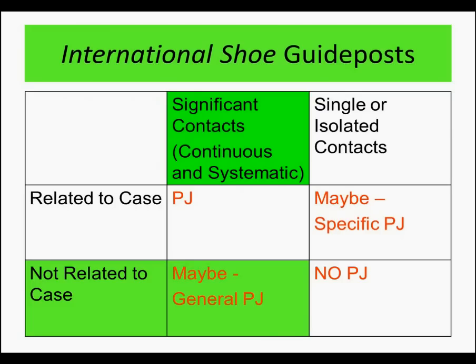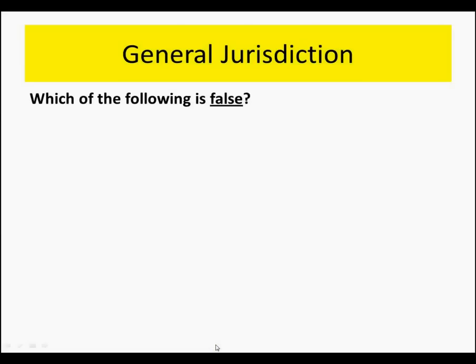If you think about it, you're specifically going in and rendering jurisdiction over the defendant for this specific matter, for this specific claim, given his specific contacts with the forum. For general PJ, you say we're going to generally allow any claim to come in against this defendant because his contacts, as you see in the chart, are so significant. Even though they're not related to the case or don't have to be related, we're going to allow general PJ.